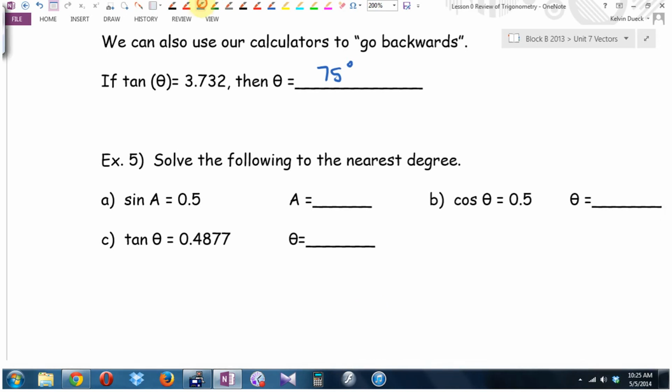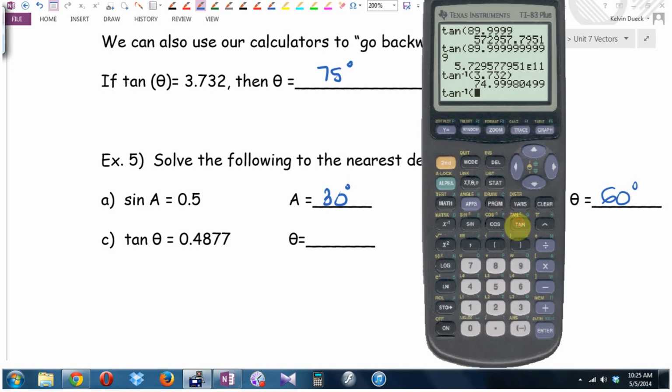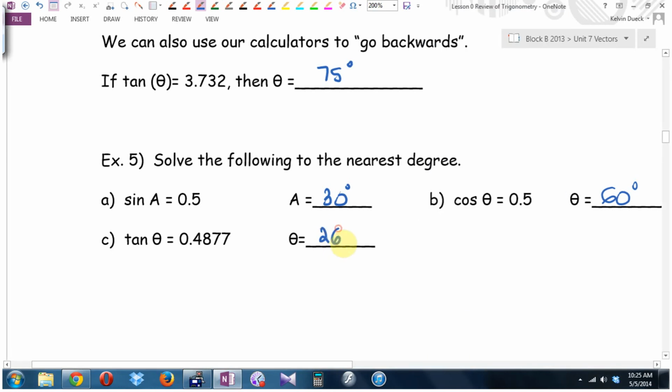You know what? The first one I know. Second one I know. Third one I don't know. Let's see if you get what I got.